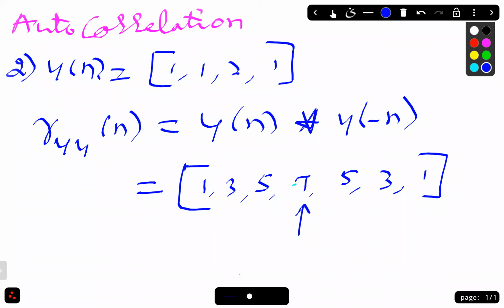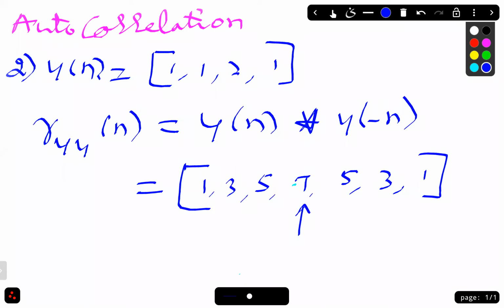While discussing the properties of autocorrelation and cross correlation, we will understand much more on this part again. But with this example, I wanted to conclude that if you take autocorrelation of two sequences, one being 1 2 1 1 and the other its folded version 1 1 2 1, and calculate them separately, we'll get the same answer.